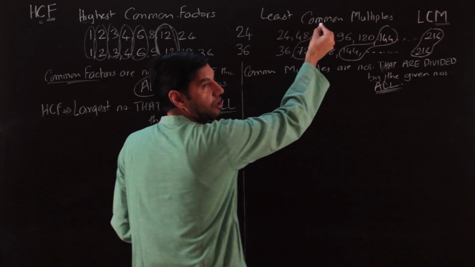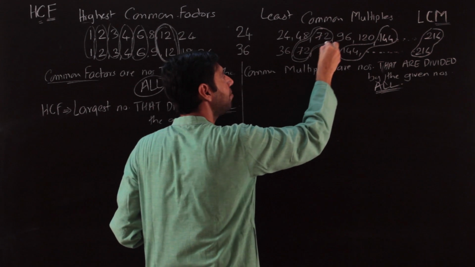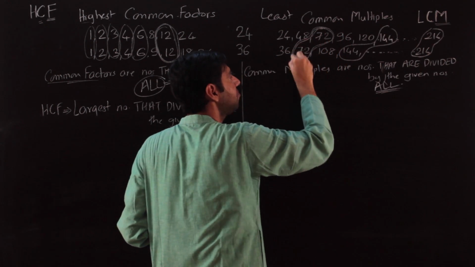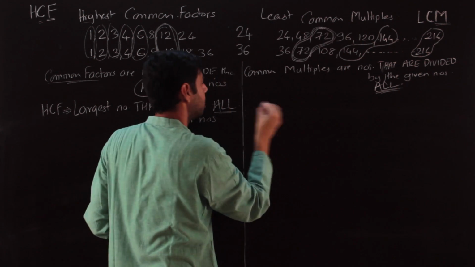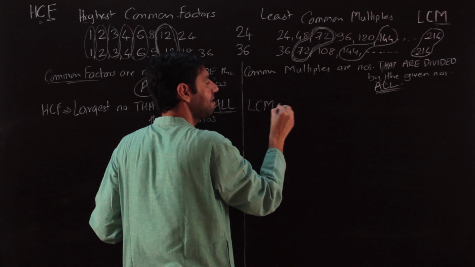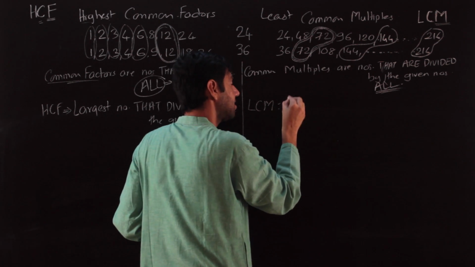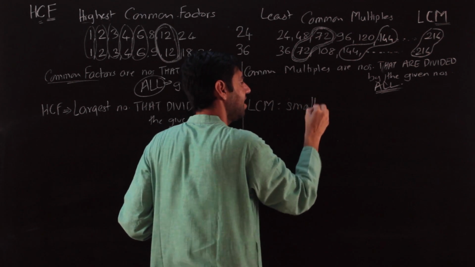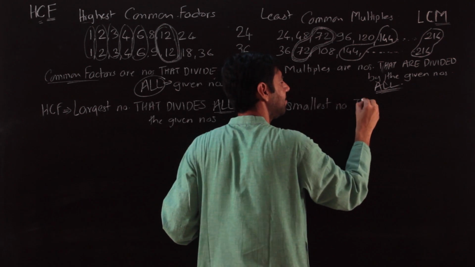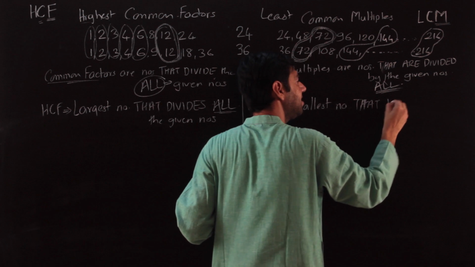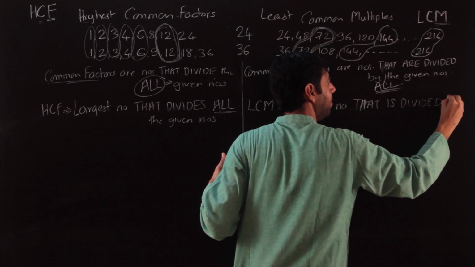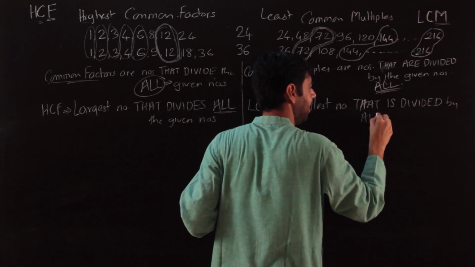And what is the least common multiple? There are many common multiples, 72, 144, 216 and so on. Amongst them, choose the least. So LCM becomes nothing but the smallest number that is divided by all the given numbers.